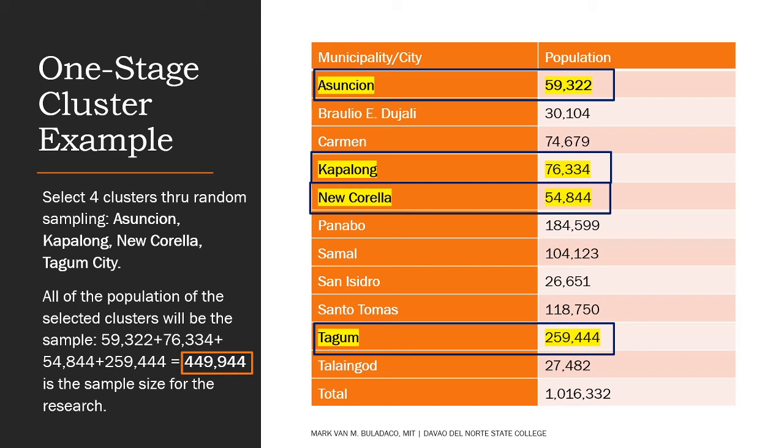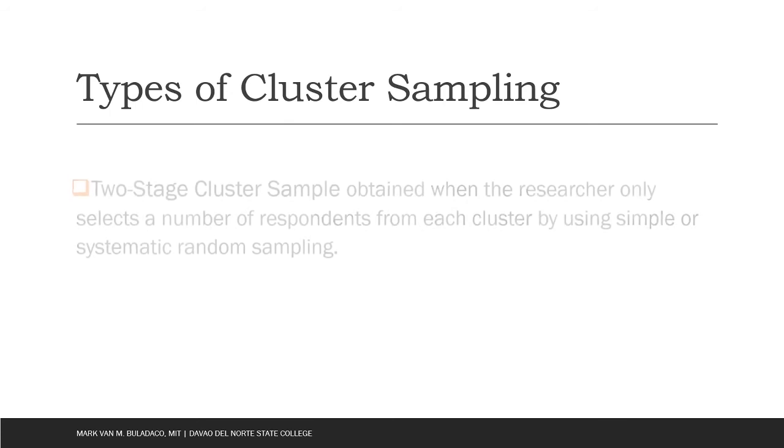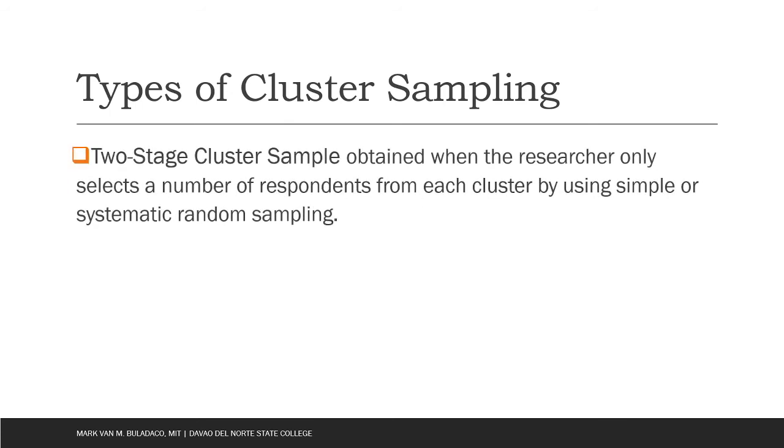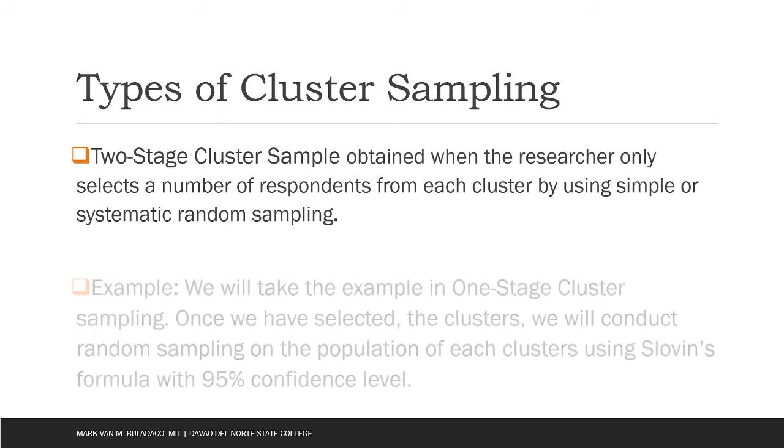So basically, we tend to use the 2-stage cluster sampling in order to filter out the sample size resulting from the 1-stage cluster sampling. So we'll proceed with 2-stage cluster sampling, wherein the researcher still selects a number of respondents from each cluster by using simple or systematic random sampling.